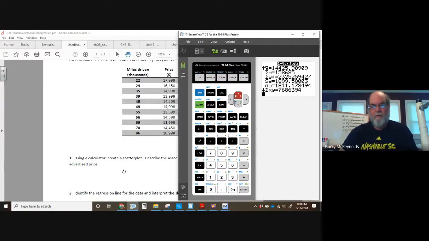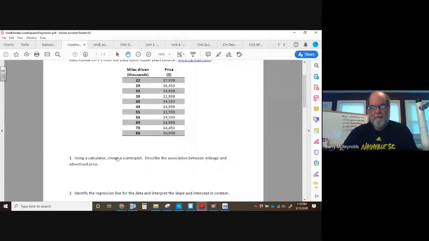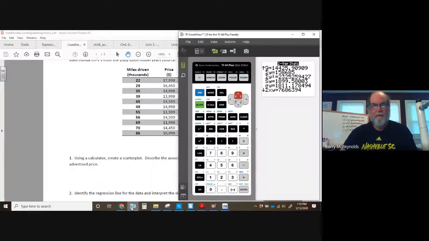And so on the calculator, it asks you to create the scatter plot. I'll just show you how to do that real quickly. Obviously, you cannot be asked to do this, but I'll show you how to do it. We'll turn stat plots number 1 on, and the type we want to select is the first one.